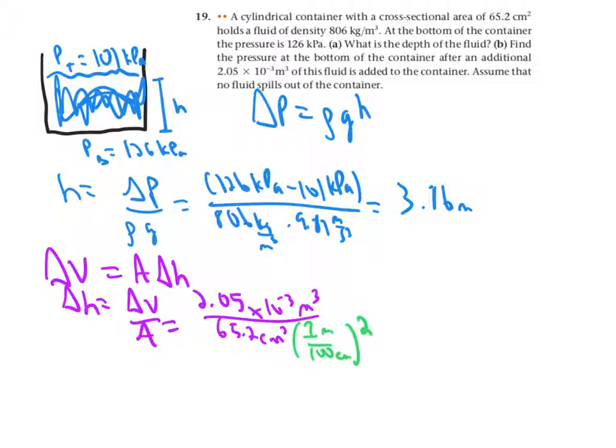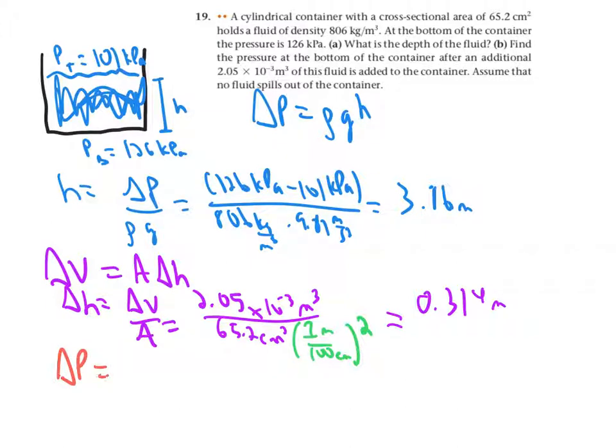So we end up with a change in height which is 0.314 meters of extra depth, which will turn into some amount of extra pressure.